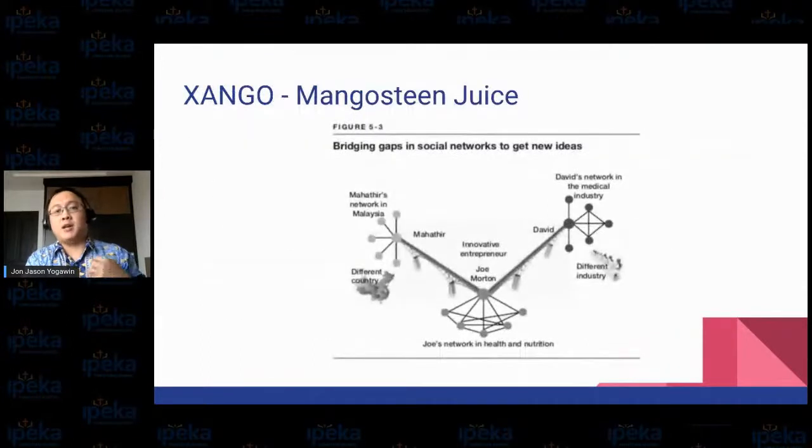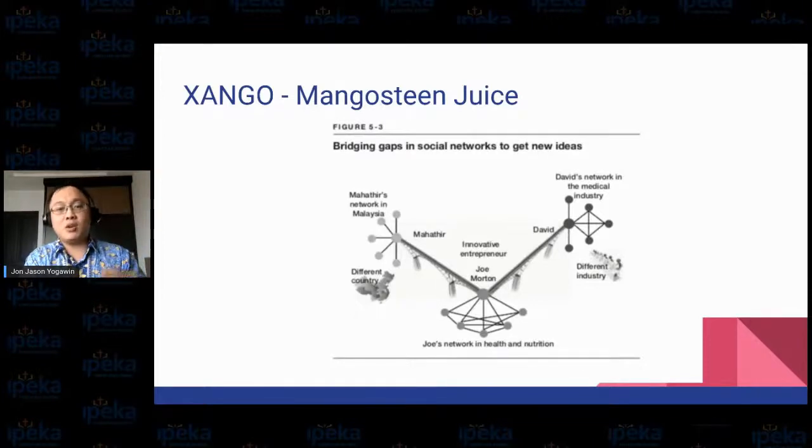Another one is from Zango, the Mangosteen Juice. Joe Morton went to Malaysia and found out two things that Malaysians liked: durian and mangosteen, and he tried to find out what benefits these two fruits have for health. That brought him to work with his brother David, who was getting a PhD at the University of Utah Medical School.